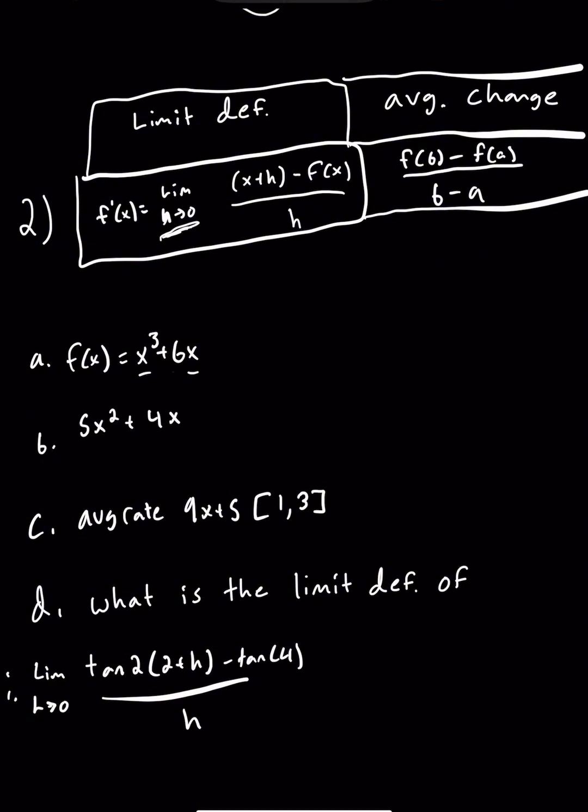Okay, now let's try question B. So we're going to start at the top, so we have 5 times x plus h squared plus 4 times x plus h minus 5x squared plus 4x over h. Now, I forgot to explain why this gives us the slope. Essentially, h is an extremely small number.